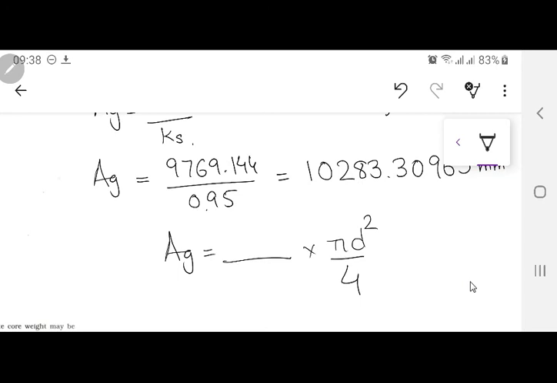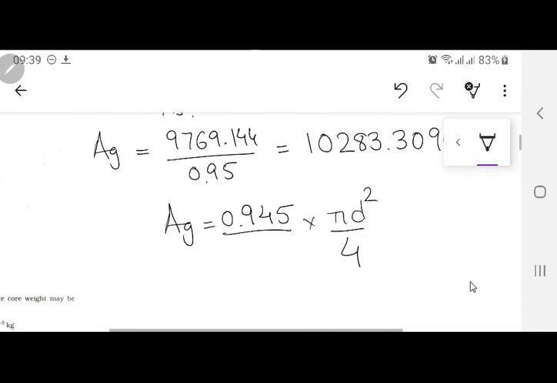So I am going with the 11 steps. So the factor which I am going to add over here is 0.945. I am going with the highest steps over there. So actually 94.5% area is covered by the transformer core. The actual iron is going to be certainly less because we have a stacking factor of 0.95.